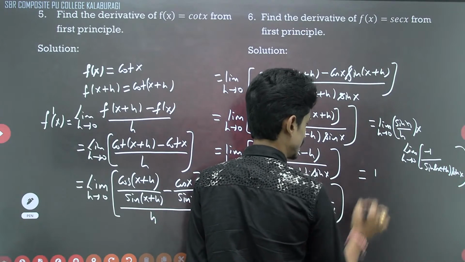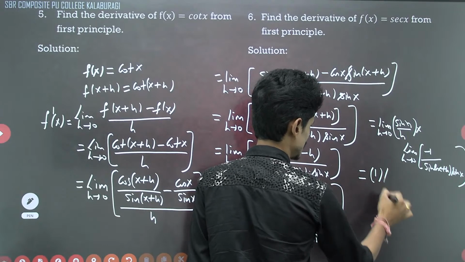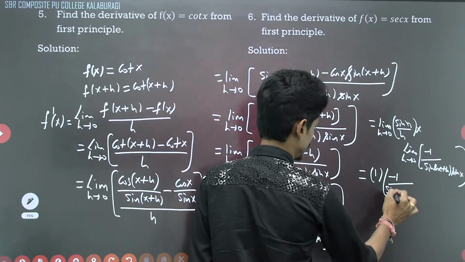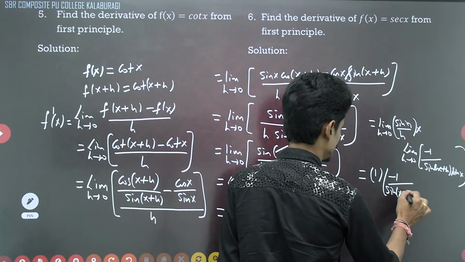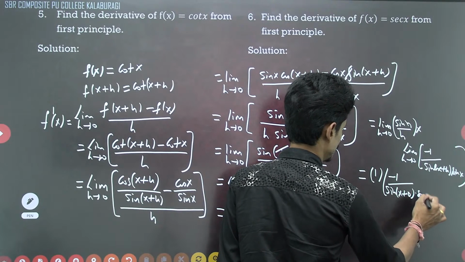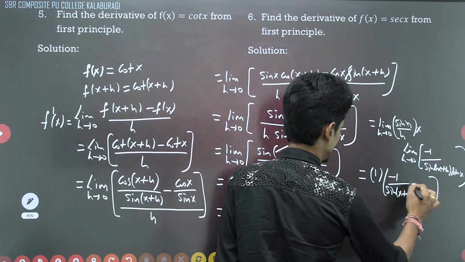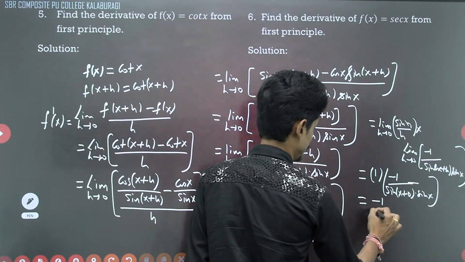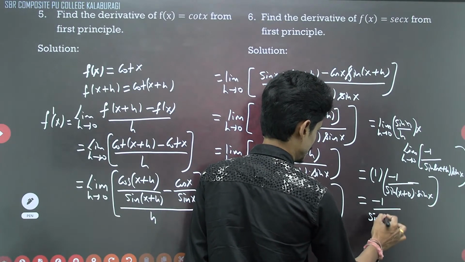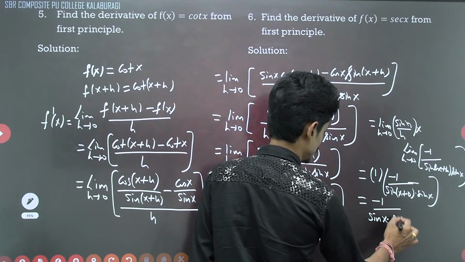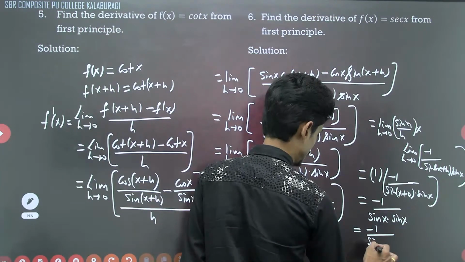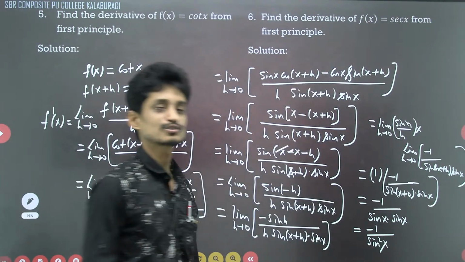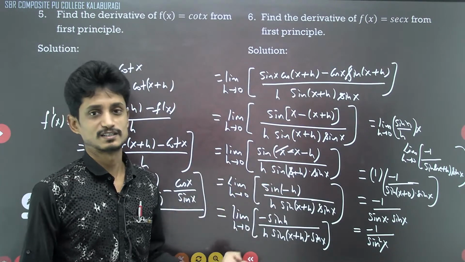Now this value becomes 1, and on this side minus 1 divided by sin of x plus 0 into sin x. After that, minus 1 divided by sin x into sin x, that is minus 1 divided by sin square x. This is our required result.